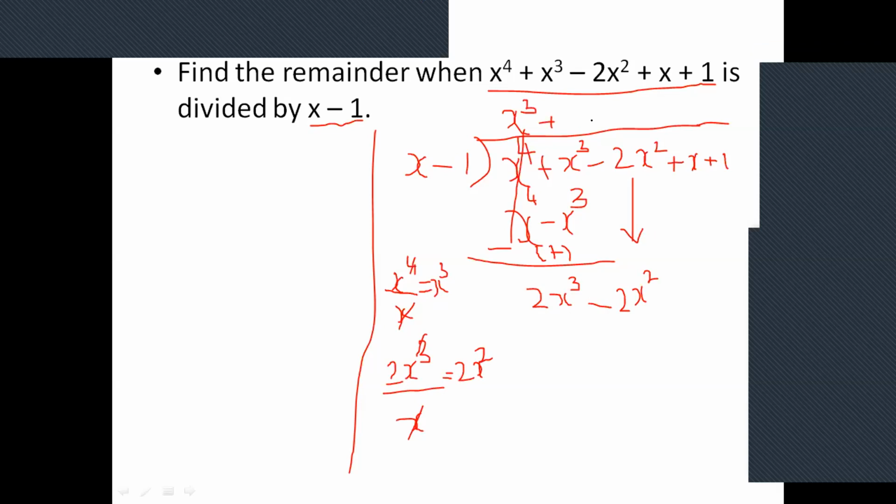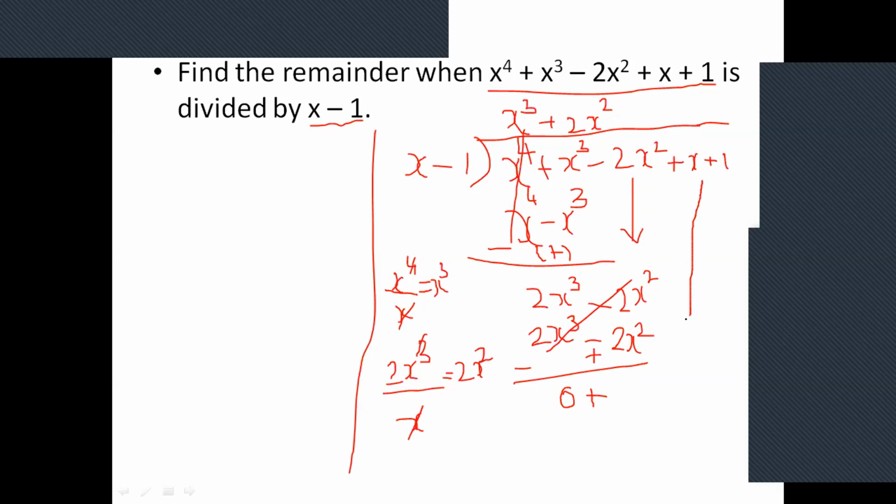Again it is plus; if it is negative you have to write it negative. So x into 2x square gives 2x cube, and then minus into plus gives minus 2x square. Again subtract, this entire thing cancels, you get 0 here, but we have two remaining terms.